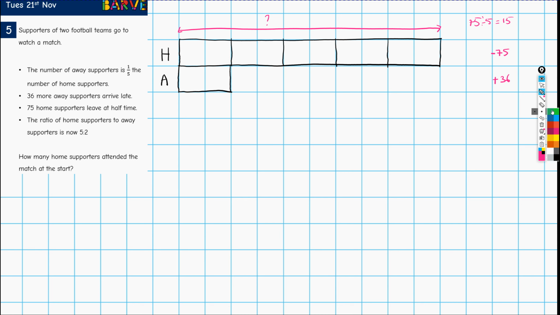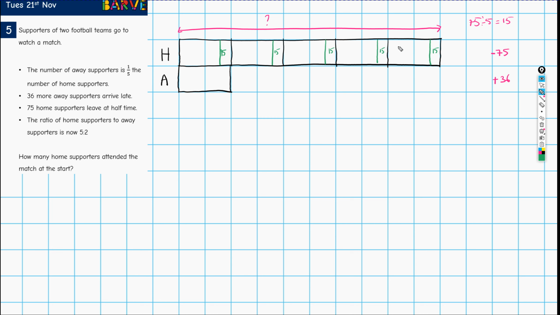So I'm going to take a slice of each of these 5 parts that represents 15. So this is all 15, and this represents the supporters who left. All of these added up would equal the 75 who left.